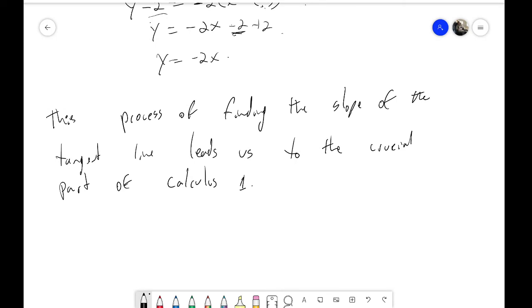The limit is used to describe, or define, actually I should say, not describe, define, the slope of the tangent line.